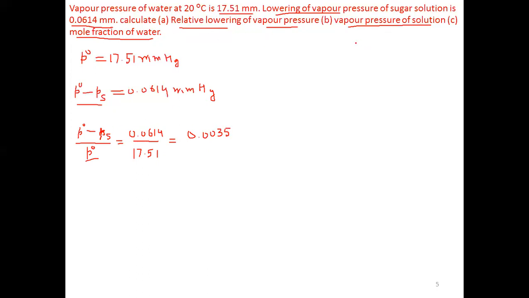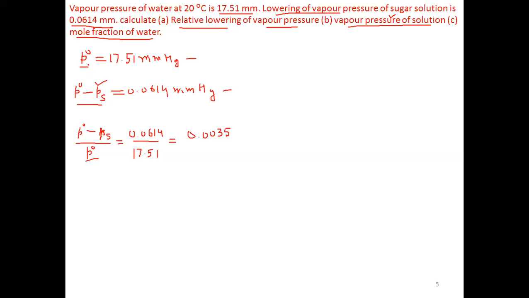First thing we have calculated. Second thing he asked, calculate the vapor pressure of solution, P S. We know P naught, and we know P naught minus P S. We have to calculate P S. How can we calculate it? Any guesses?